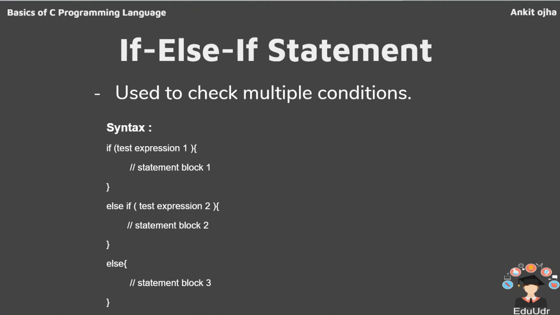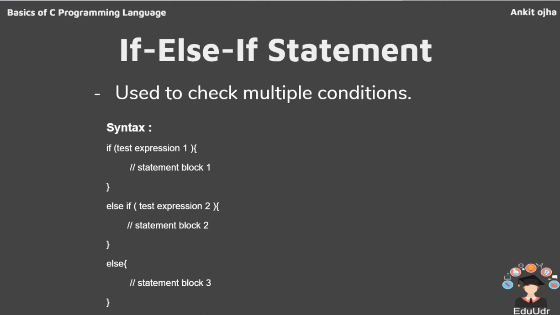The if else if statement is used to check multiple conditions. For example, we write if and give a simple first expression, and if this expression is true, then the statement in block 1 is executed. But if we have to give multiple conditions, then if the first expression is not true and the second expression is true, the statement in block 2 is executed.